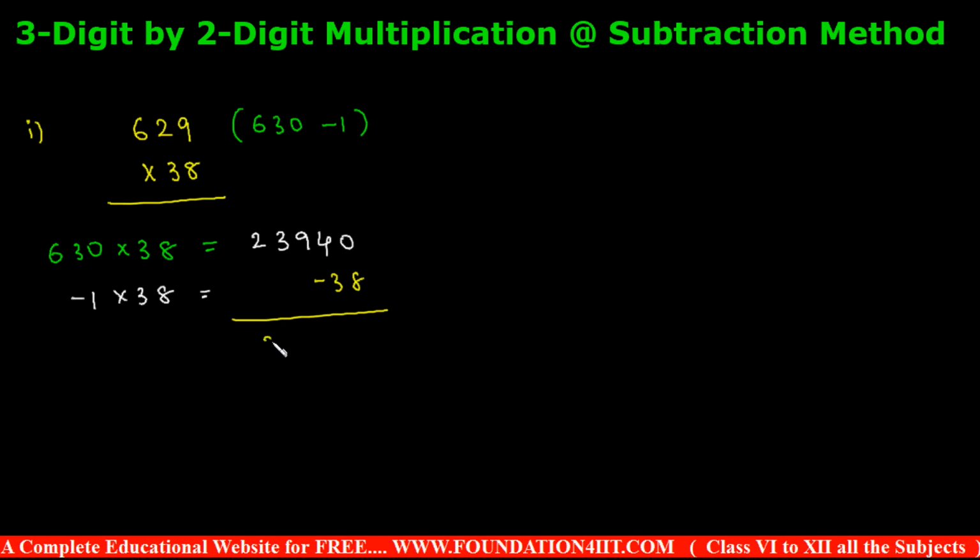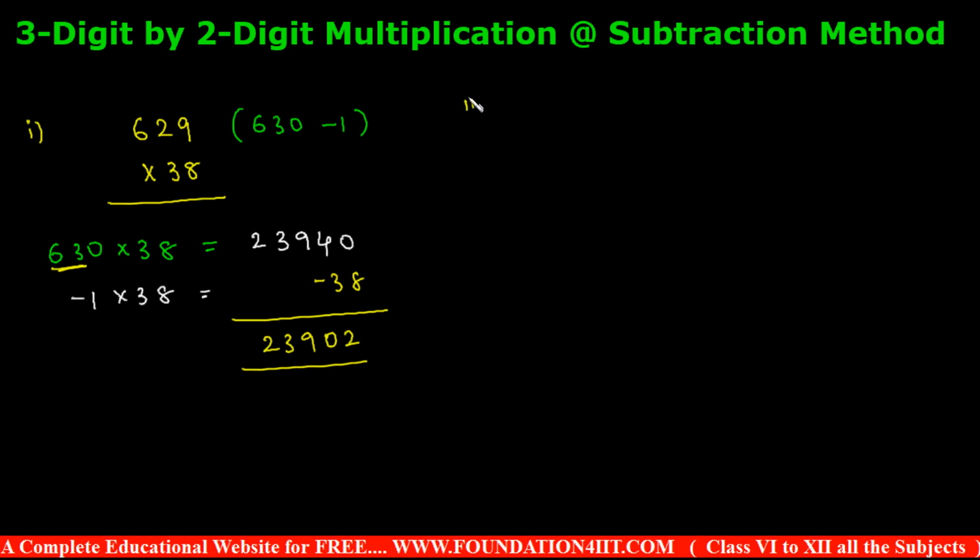After subtracting, 2394 0 minus 38: 40 minus 38 is 02, so 23,902. You need not write everything, you can calculate internally in your mind. Even when you are multiplying with 63, we can guess this as 9 into 7, so you multiply by 9 and by 7, using the 2 digit by 2 digit multiplication shortcut tricks you already learned.